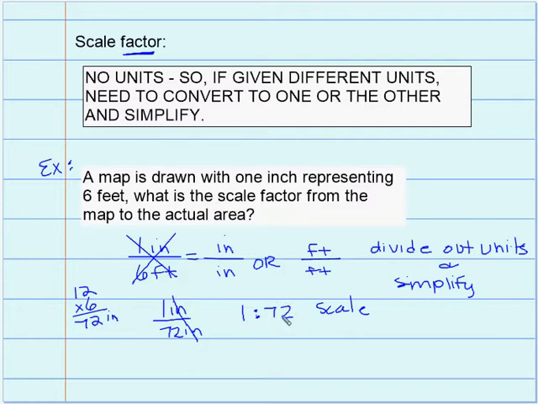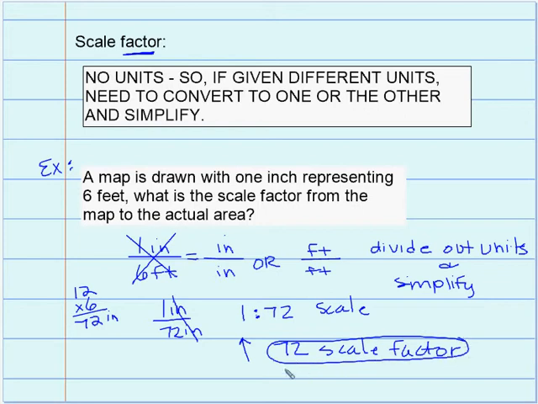Okay, so that's our scale, right? Our scale factor, as long as this is 1, is 72. And what that means is that's the number that you multiply times whatever inches there are to get the actual inches in real life. So if I had 2 inches on my paper, I could multiply that times 72 to get 144 inches, which then I would probably convert to 12 feet.